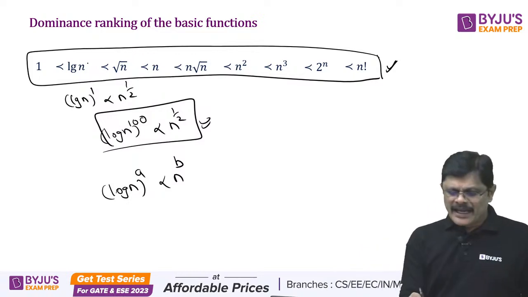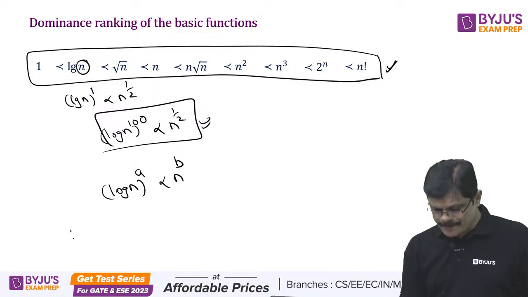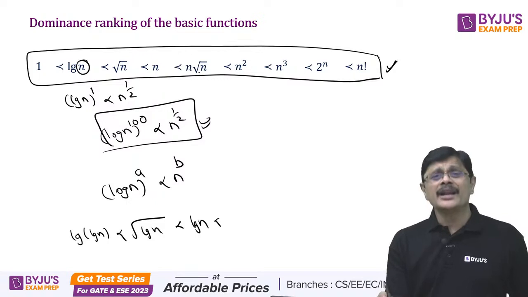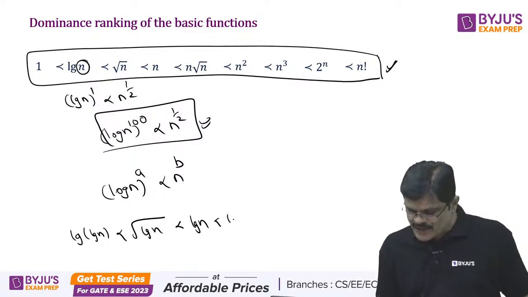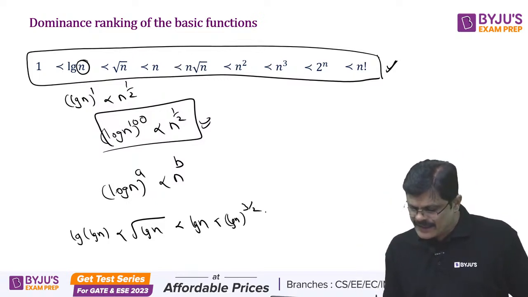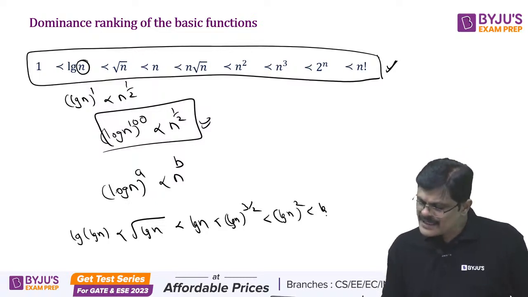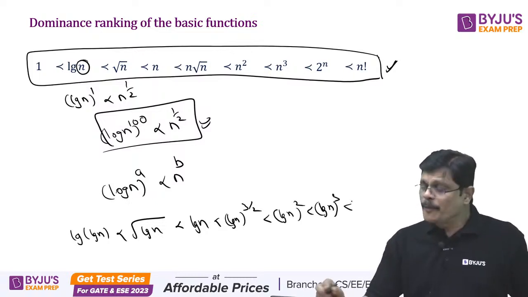Of course, in place of n, if you put log n, then root log n is smaller than log n, which is smaller than log n into log n power half, that is log n power 3 by 2, which is less than log n whole square, which is less than log n whole cube, then 2 power log n.